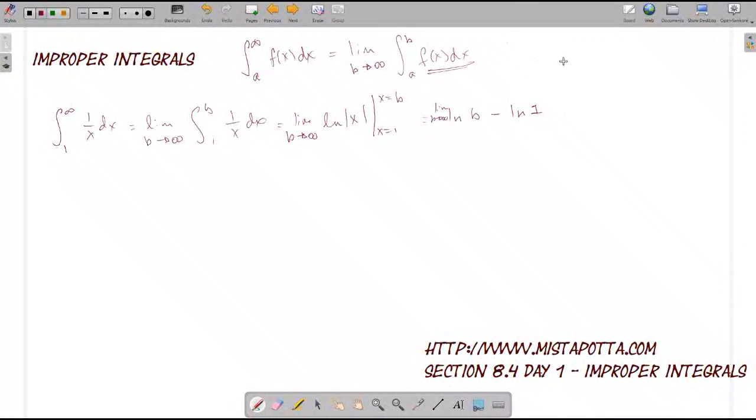And in doing so, notice, of course, the natural log of 1, that's 0. But if I take a look at the natural log function, even though it's slower growing than any of the other polynomial functions that we talked about, this does increase without bound. And this limit does not exist.